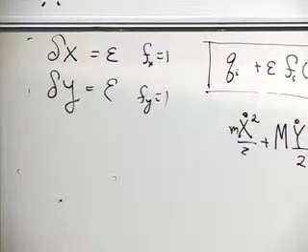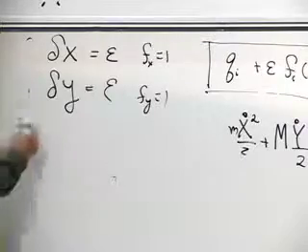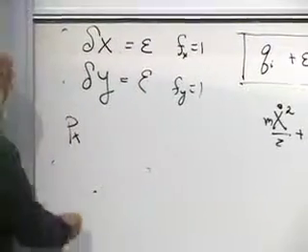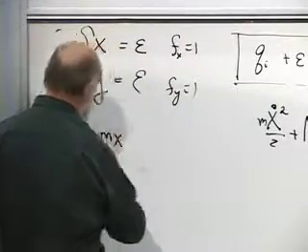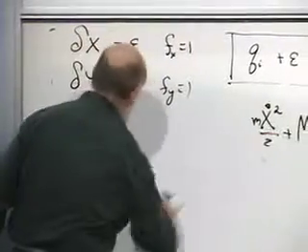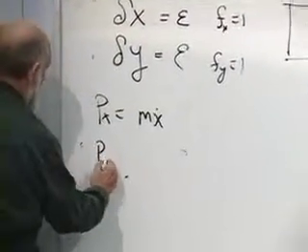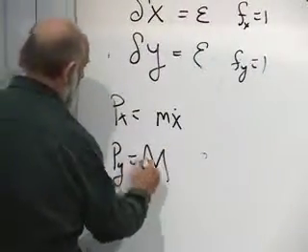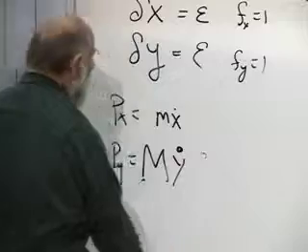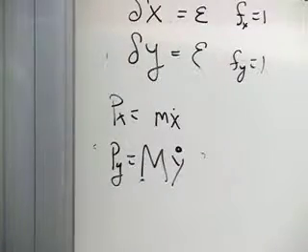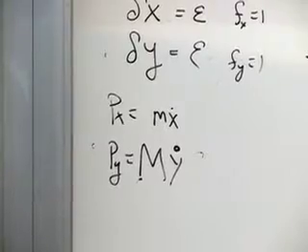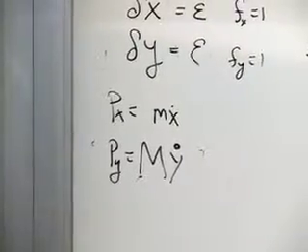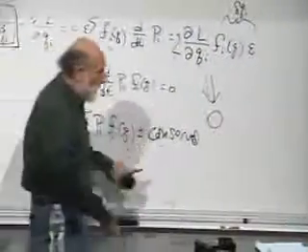All right? What about the canonical momentum? The canonical momentum conjugate to x is m x dot. The canonical momentum conjugate to y, that's p y, is capital M y dot. What's the conserved quantity? The conserved quantity is the sum of p times the shift of each of the coordinates.